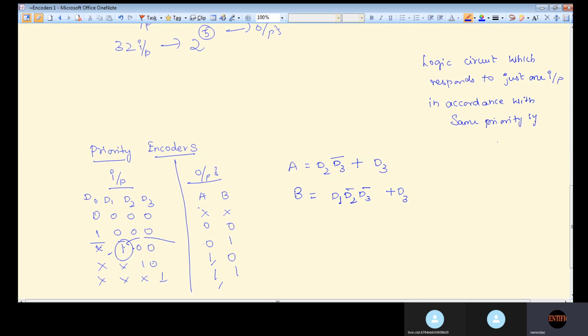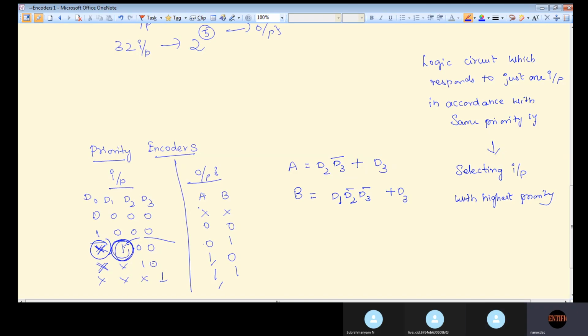Okay, so see, in short, if I tell you, selecting the input with highest priority. Okay, priority encoders will select the input with highest priority. See, don't care term ante it may be 1 or it may be 0. So see here, I am selecting this.